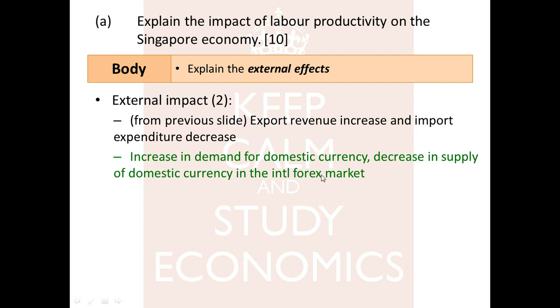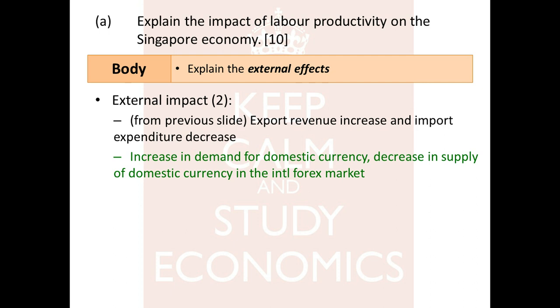Now, for supply, what happens is that your import expenditure decreases, meaning you are importing less from foreigners. When you import less from foreigners, it means that you need less of their currency. Now, you must think of it this way. How do you get their currency? You will go to the international forex market and use your currency to change for their currency.